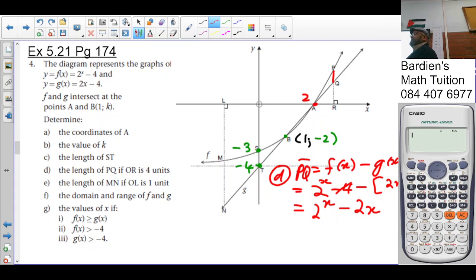People, they are unlike terms. So what do we do now? We're going to substitute x is equal to 4. By doing that, PQ is equal to 2 to the 4, which is 16, minus 2 times 4, which is 8. That gives a length of 8 units. Okay?